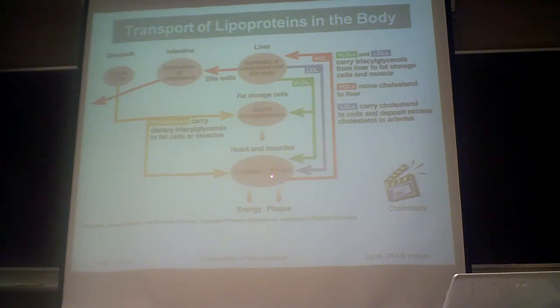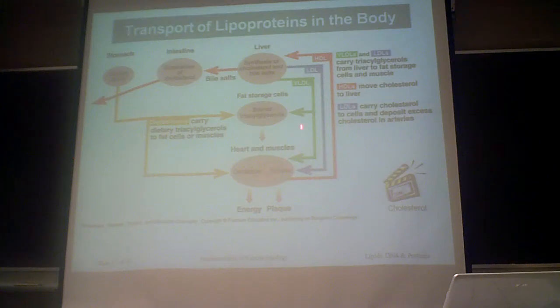Or you get burned, or it deposits, and you've got too many things moving around, so eventually you form fat deposits. Because you look at your blood vessels, it's a huge surface area. There are miles and miles of blood vessels in the body, so if you move them around like roads, eventually you clog them.